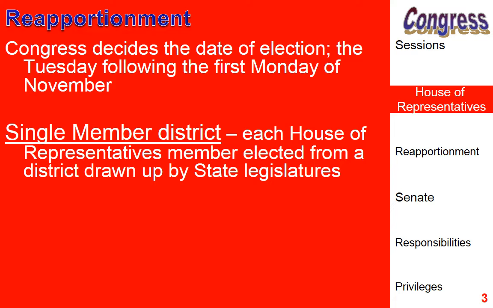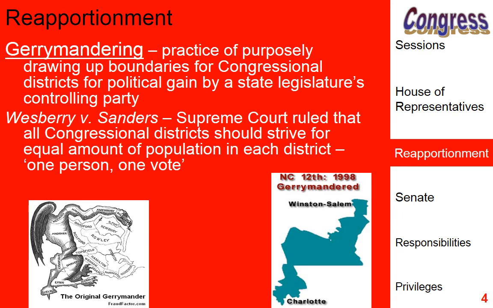Now, remember I said about those lines all over the political state. Well, one of the things that becomes very interesting is that the states themselves are responsible to draw the lines of where those people are going to be electing that singular person for the House of Representatives.